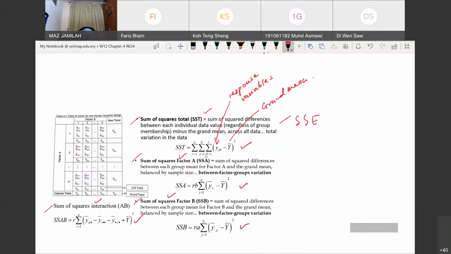I'm not going to talk about this further because, when we have the face-to-face lesson, we are going to discuss this in detail and do it manually. But since you are using Excel, we are not interested in going through the detail of how to calculate this manually.